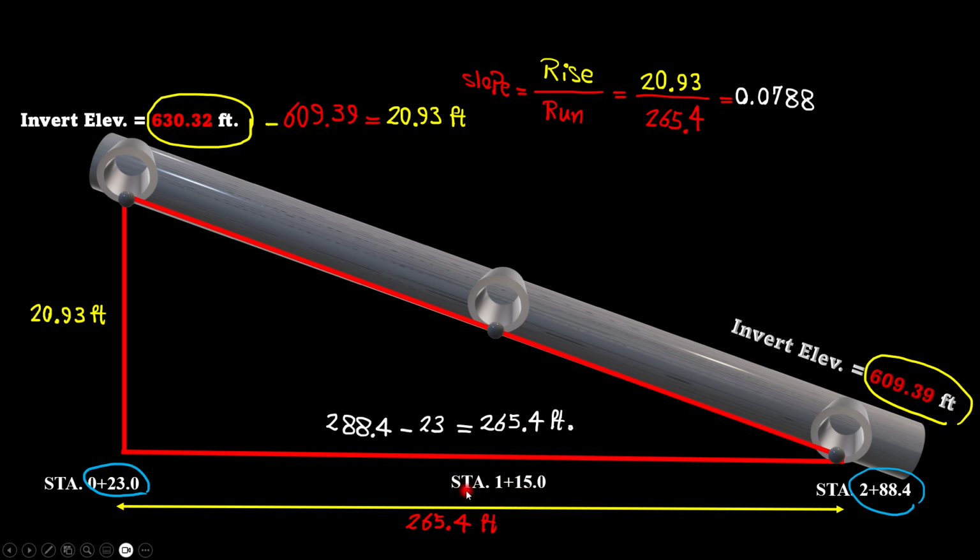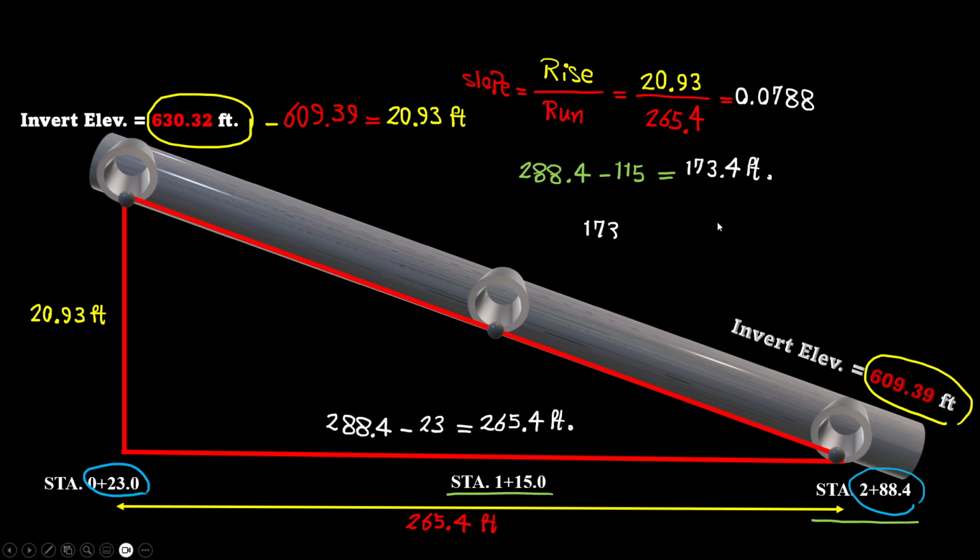If we subtract these two stations, we can get the length difference between the proposed one and one of the existing ones. It gives us a length of 173.4 feet.